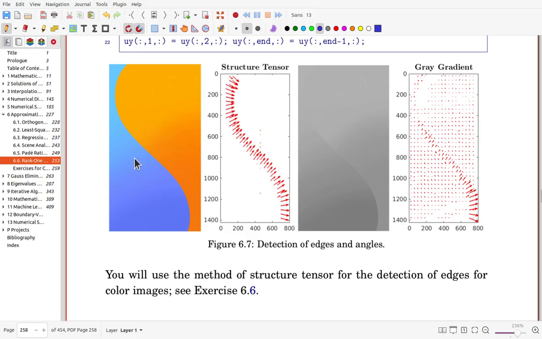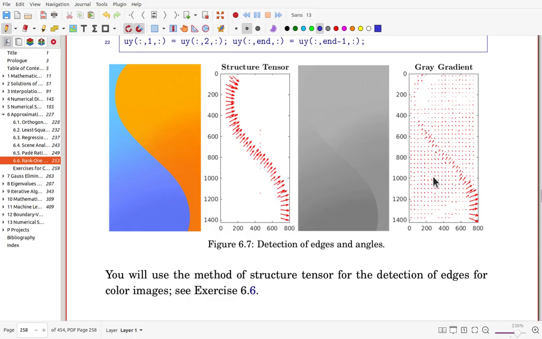Once it is transformed into grayscale, then by using the grayscale gradient, you can easily get the gradient and gradient direction. Then, as you can see here, for this area, the gradient is okay, but later on, the magnitude is becoming smaller, smaller, smaller, so they disappear.